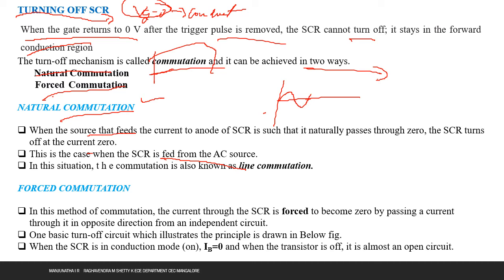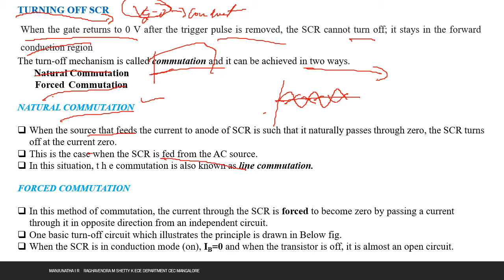Assume we are giving some analog signal. The structure is like this, and it is going to cross zero voltage at certain values.